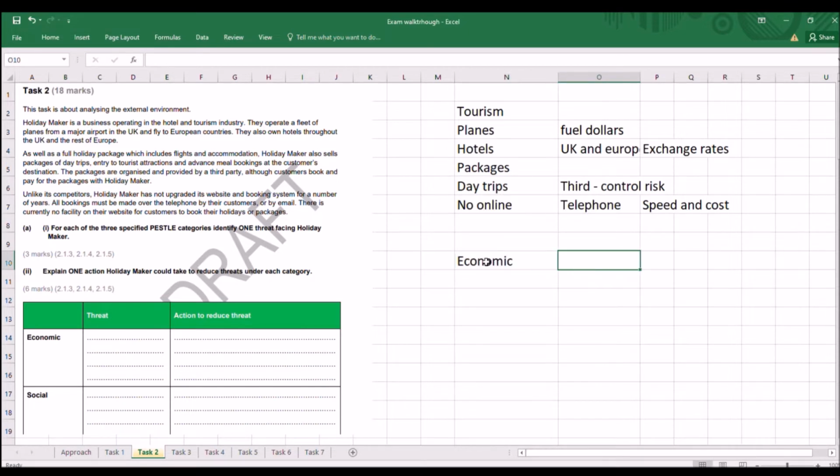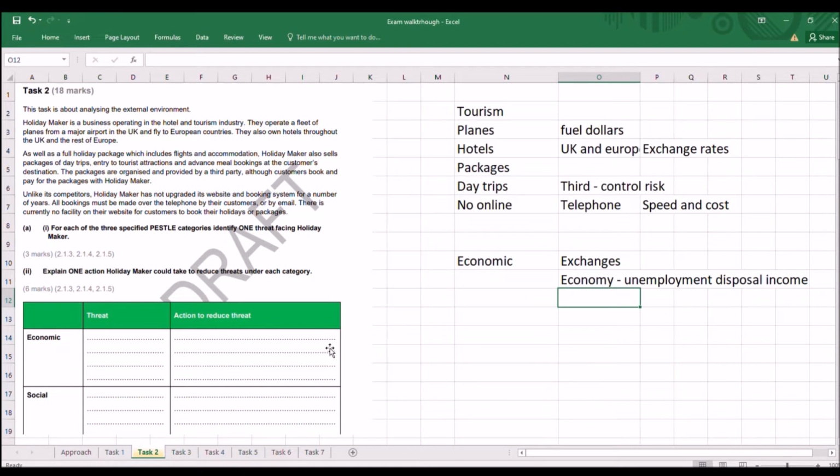Economic is things like exchange rates and the economy, so unemployment and the amount of disposable income people have. Those are the two things, but the exchange rate is going to be the key one. We are paying for fuel and a lot of our costs in euros.